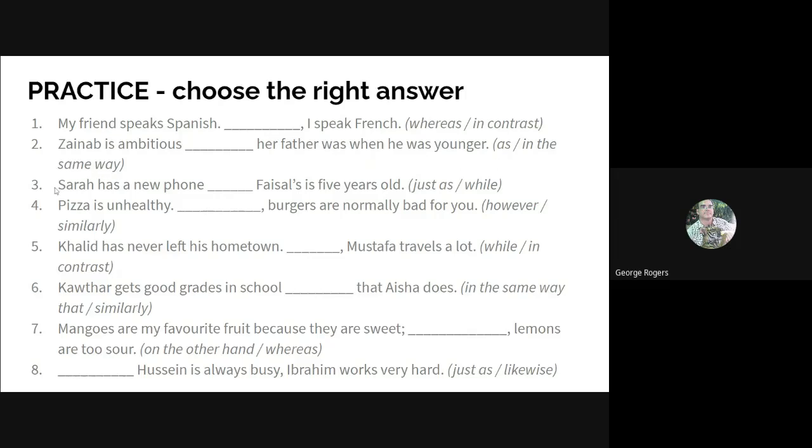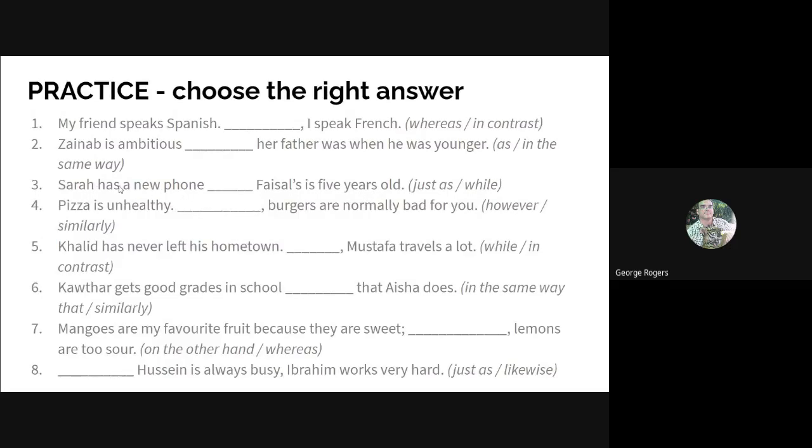Okay. Let's look at number 3. Sarah has a new phone. Fezels is 5 years old. So in this case, if you only have that, what's 5 years old? Fezels is only 5 years old. If you don't have this first part, so this is dependent, this is independent.